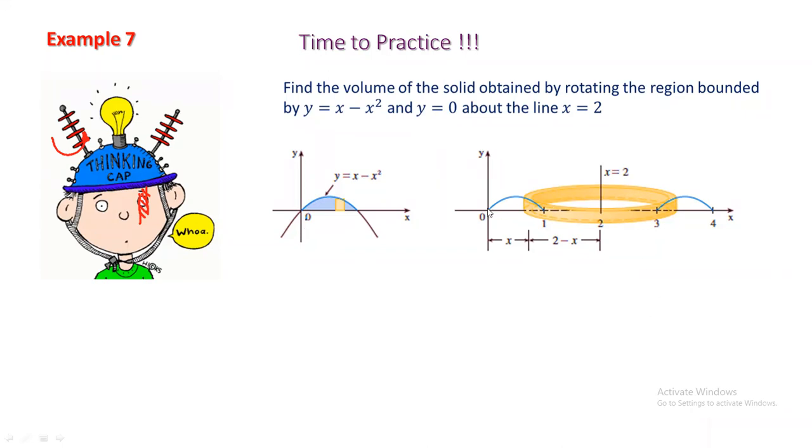Okay, this is your area, and it has to be rotated on the line x equal to 2. So what would be the best way to solve this problem? Here is your line x equal to 2. It is to be rotated here. Let me just put this up.